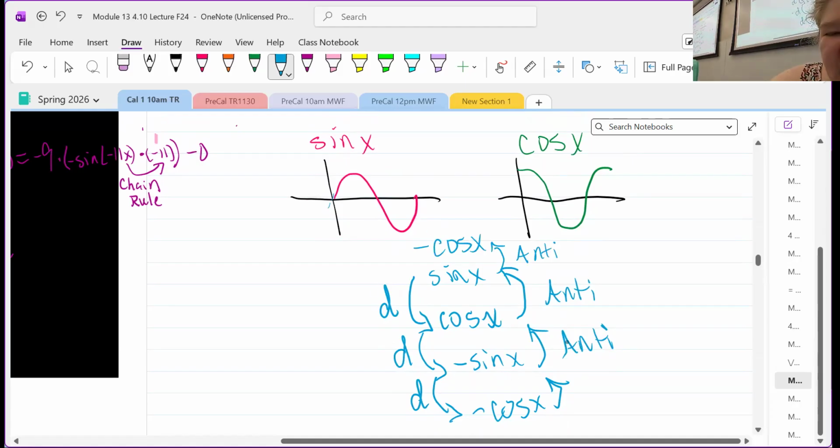So until eventually I memorized this whole thing. But this is like the thought process I would go through before it became very ingrained in my head. And on my first tests in Cal 2, I would write my sine and my cosine, and I'd write the arrow with the derivative.